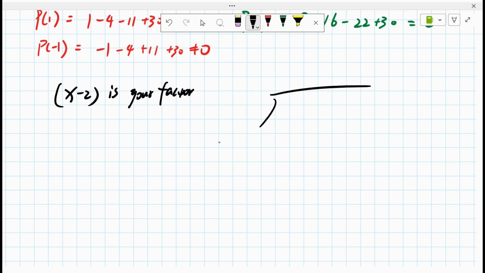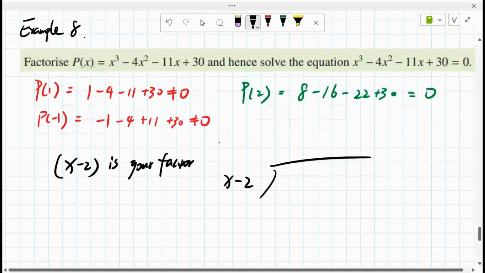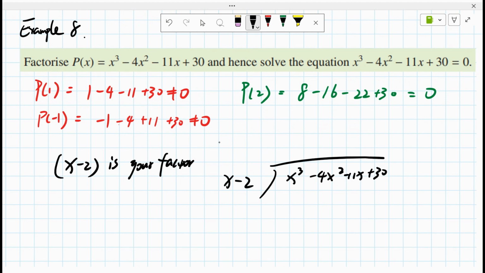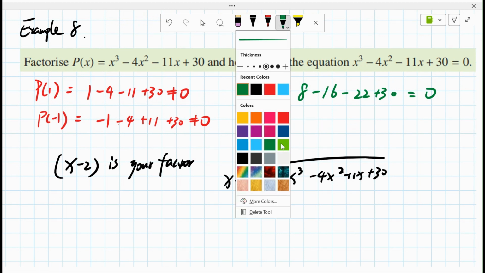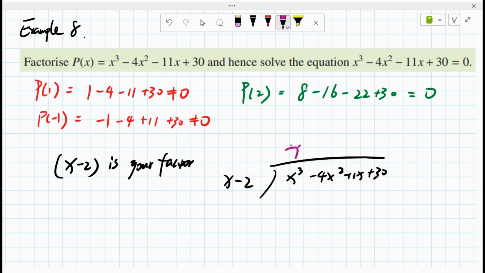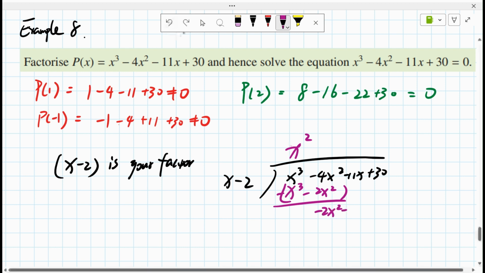Now let's divide x cubed minus 4x squared minus 11x plus 30 by x minus 2. I'm going to use different colors, maybe I'll try purple. First, x squared, so x cubed minus 2x squared, leaving minus 2x squared plus minus 11x.